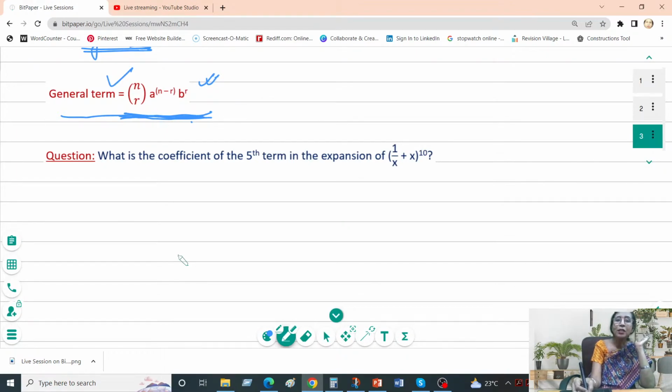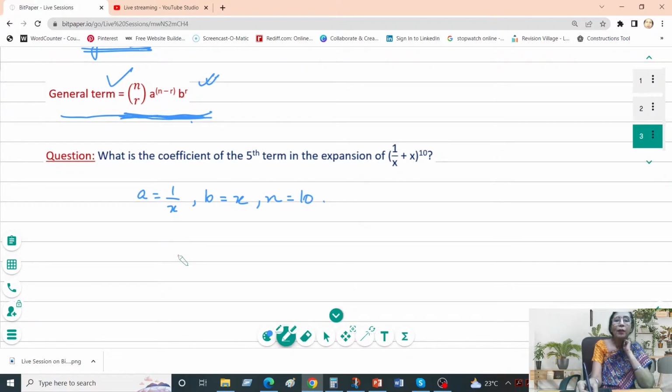What is the coefficient of the fifth term in the expansion of 1 over x plus x raised to the power of 10? So a is equal to 1 over x, b is equal to x, and n is equal to 10. Okay.